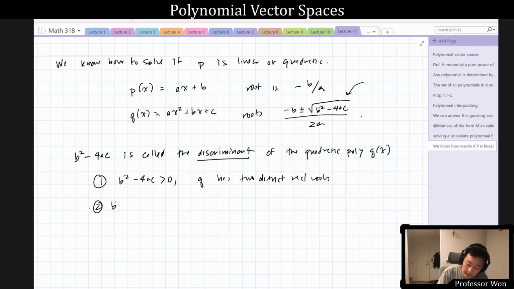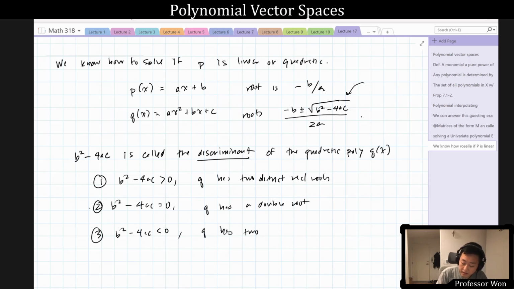If it's 0, it has a double root, negative b over 2a just twice, and if it's less than 0, then q has 2 complex roots, which are, of course, conjugates to one another.